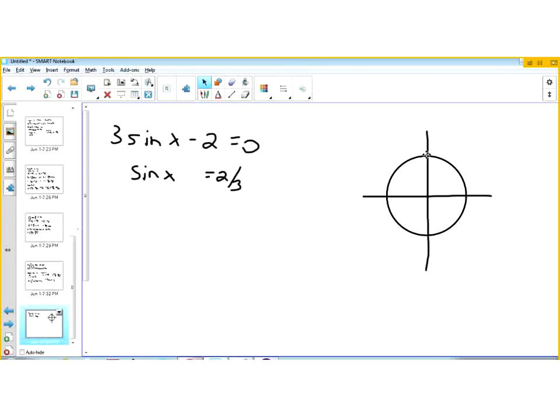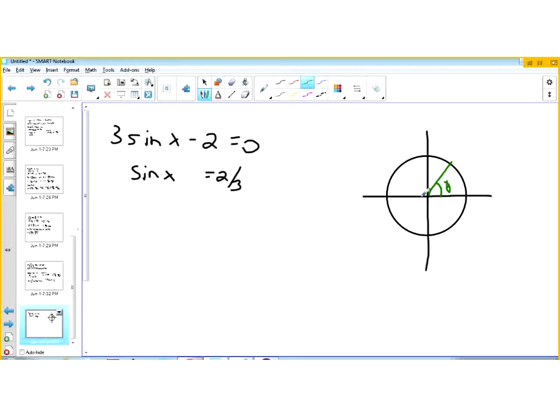We know that such an angle would probably be less than pi halves, right? So perhaps 2/3 could be here. So here's theta.